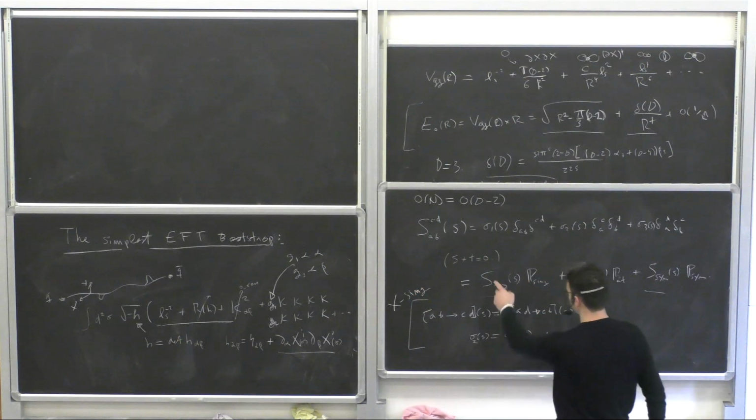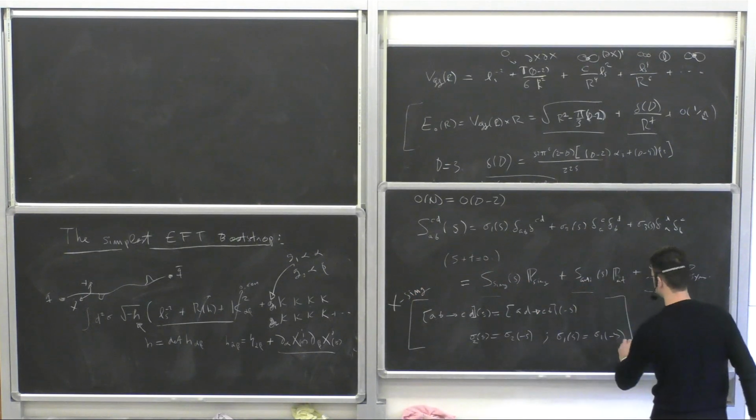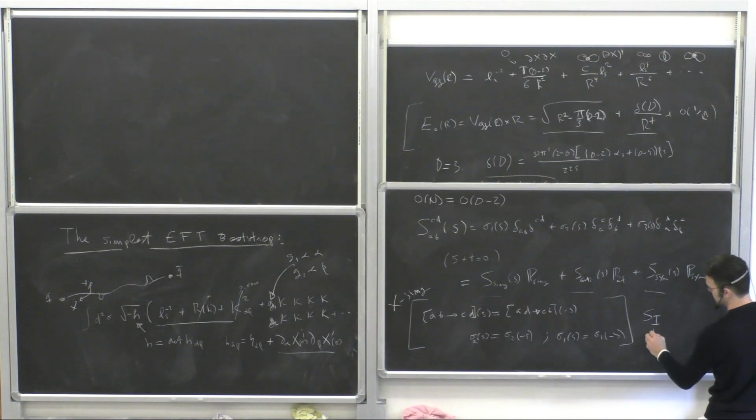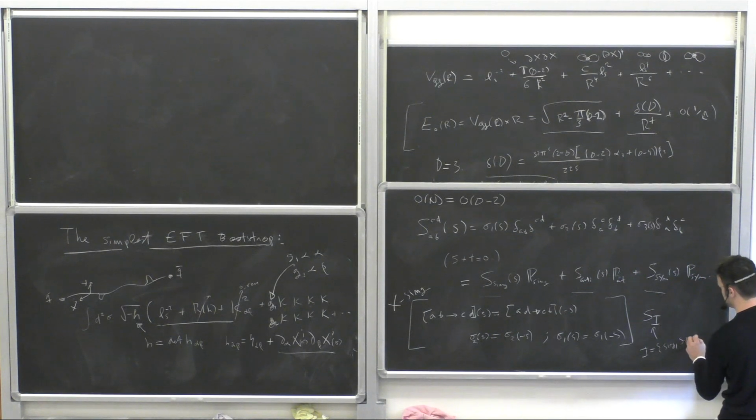So in terms of the reps, if I label the reps with I, so I runs over singlet, symmetric or anti, this is a linear problem now.